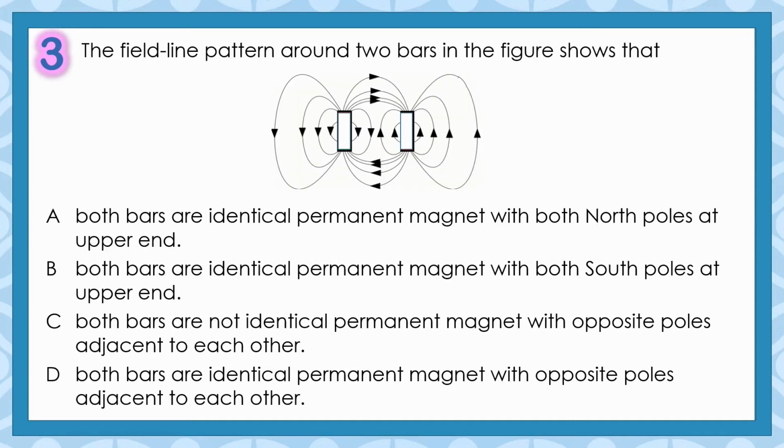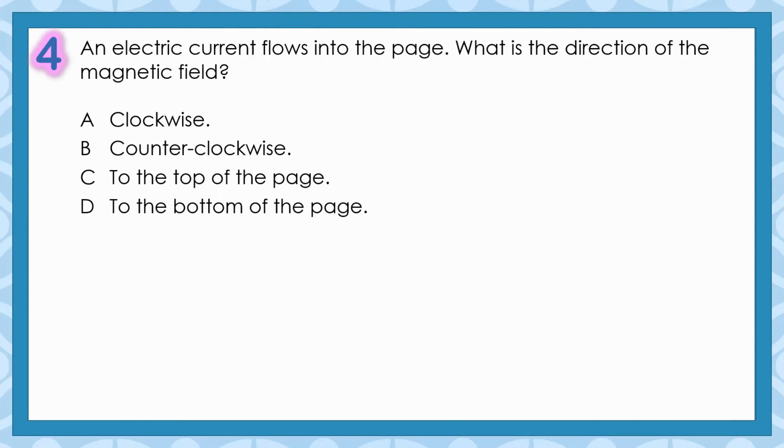The field line pattern around two bars in the figure shows that? Question number 4. An electric current flows into the page. What is the direction of the magnetic field?